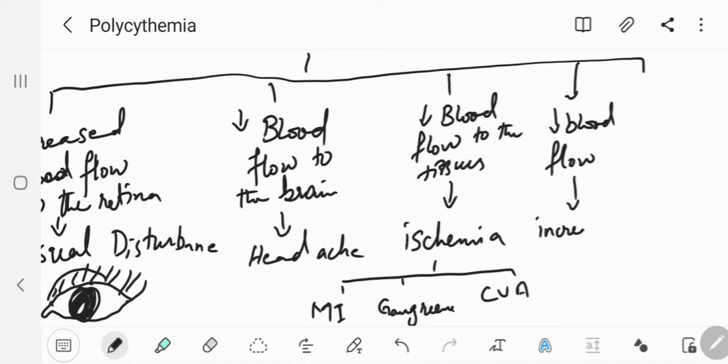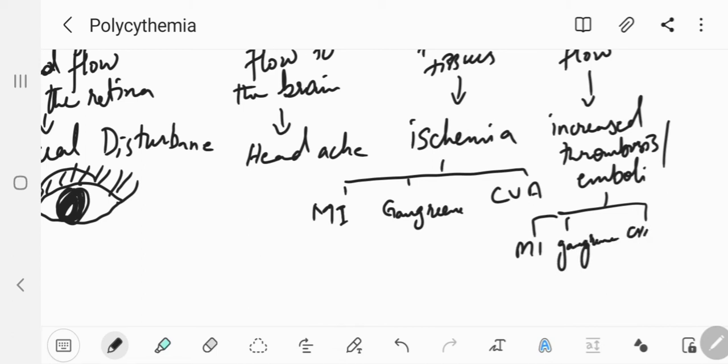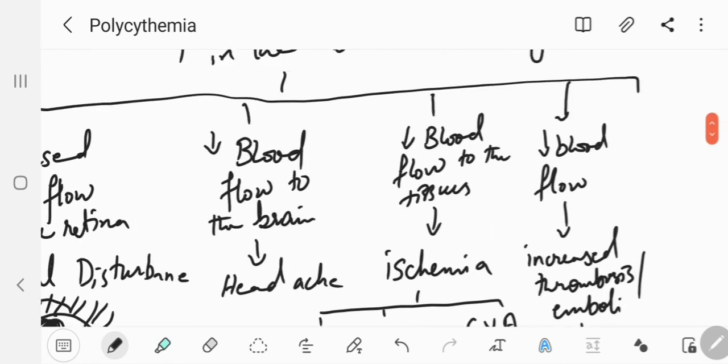Then, due to the sluggishness of the blood flow, there will be an increased chance of forming a thrombus or emboli in the blood vessel, which will again lead to MI, gangrene, CVA, or a deep venous thrombosis or pulmonary embolism.